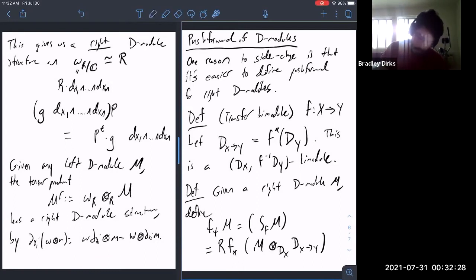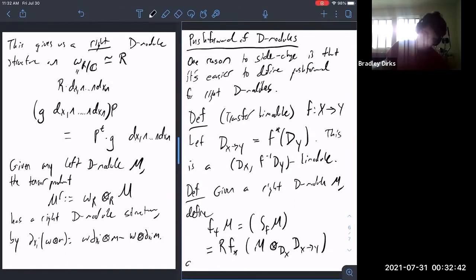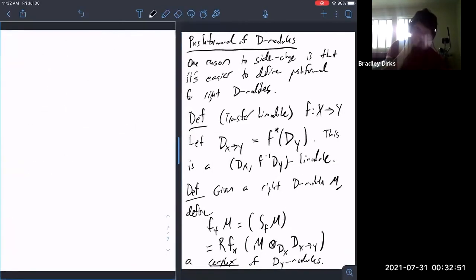Over here we're saying it's a left D_X module, so we can do this tensor. But because it is a bimodule, we have this lasting f inverse D_Y action. And so by adjunction, when you do this push forward, you pick up a complex of D_Y modules. Really, it's an object in the derived category, but however you're going to represent it is going to be by a complex.